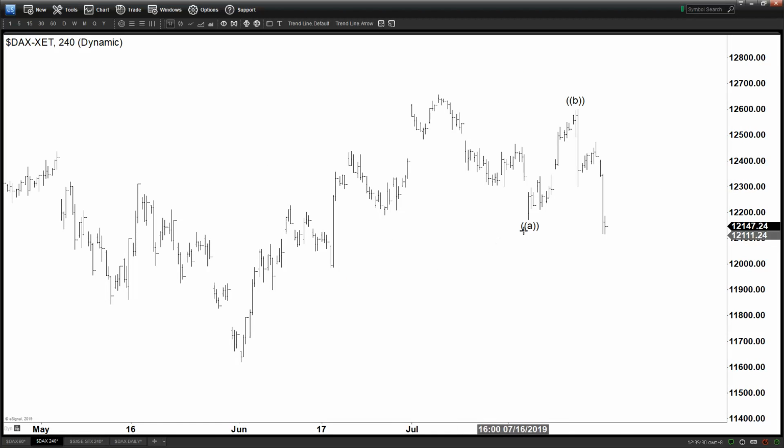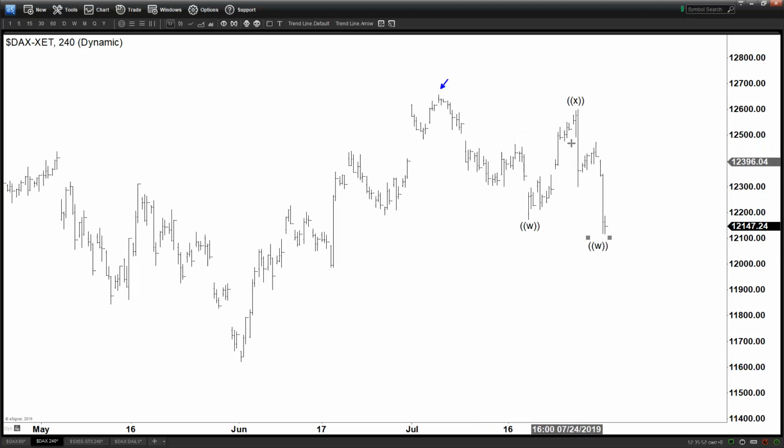In the 4 hour here, A and B, you can see this B here does not really break above the July 3rd. So even though the DAX is okay to call it WXY, because it does not break above the previous high, this could be a double zigzag, for example, and end it here.